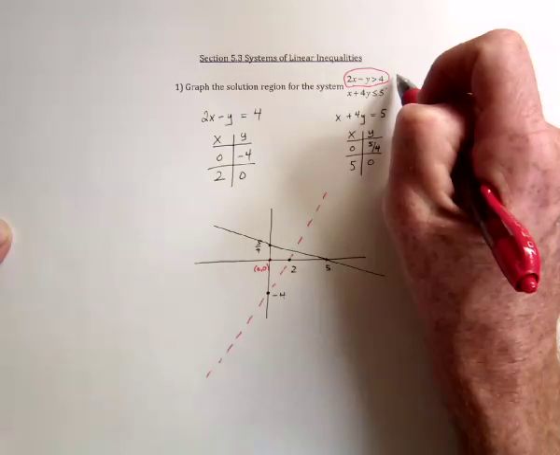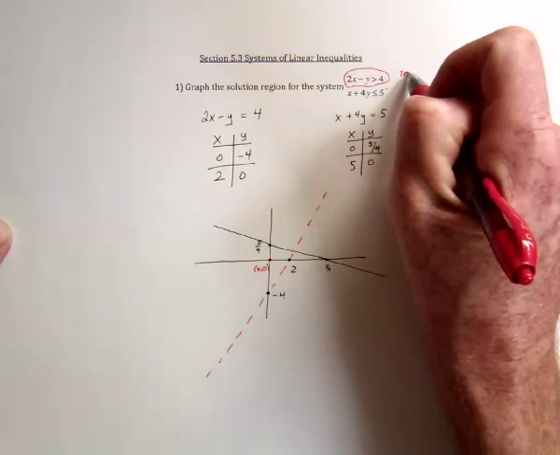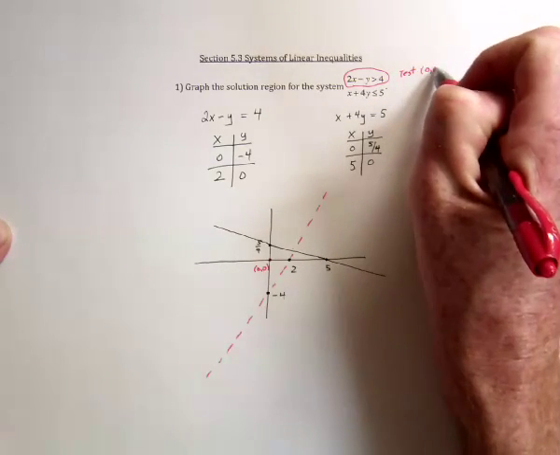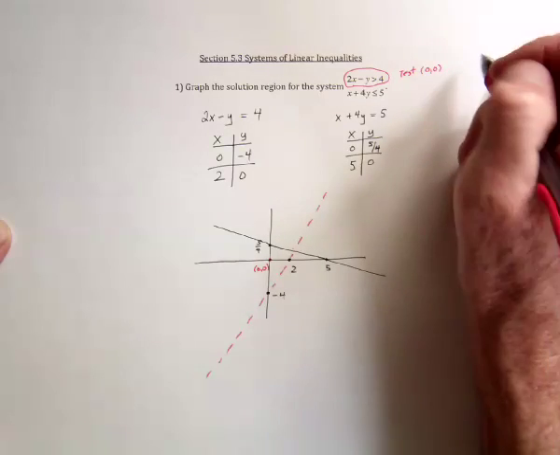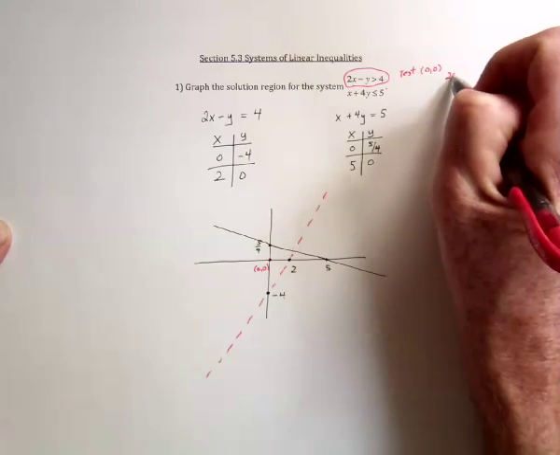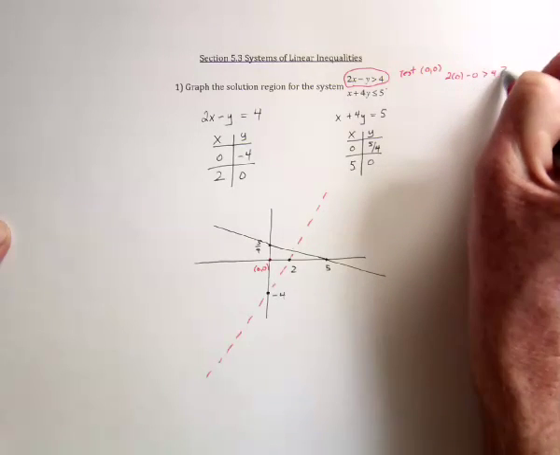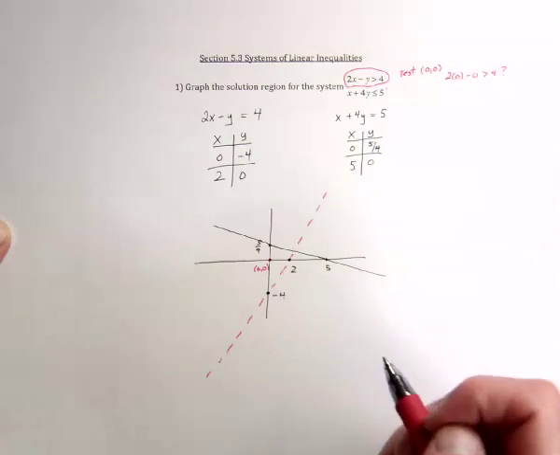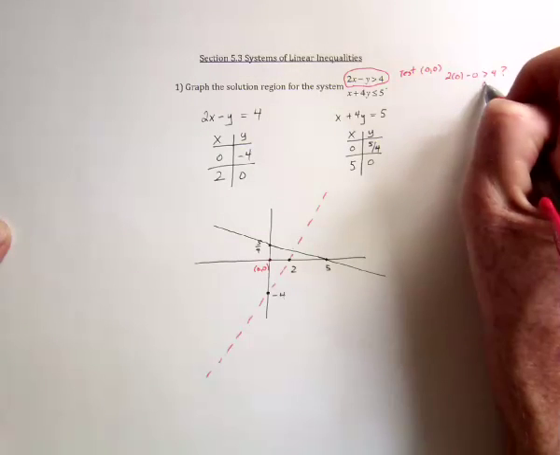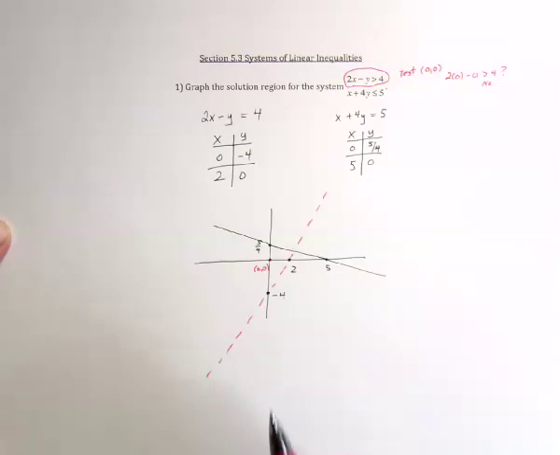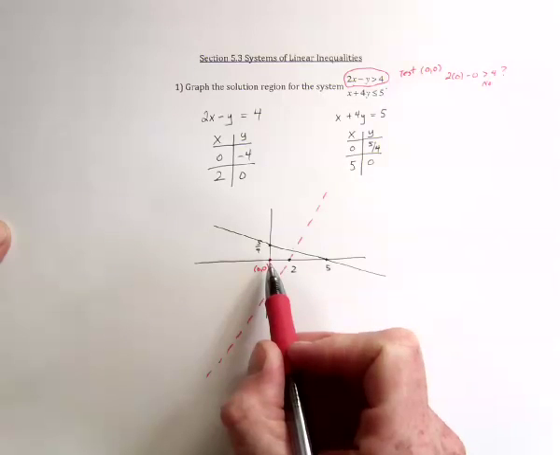And so if in this one we test 0, 0, so plug in 0 for x and 0 for y, that would be 2 times 0 minus 0. Is that bigger than 4? So is 0 bigger than 4? No, that's not true. So the side where that came from is going to make the inequality false.